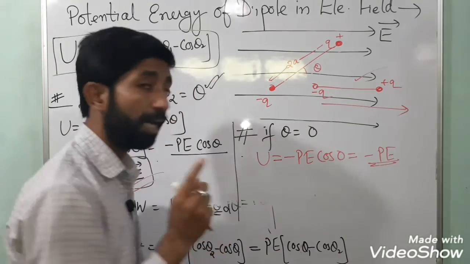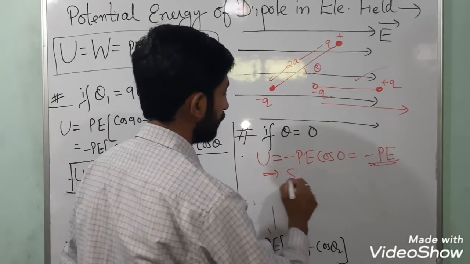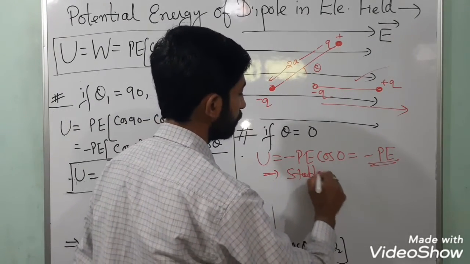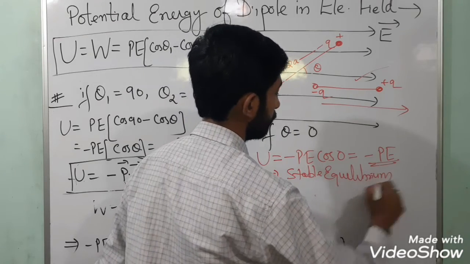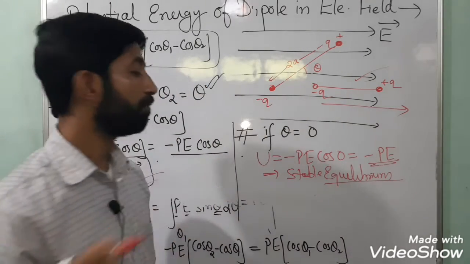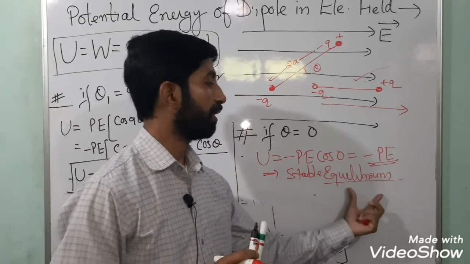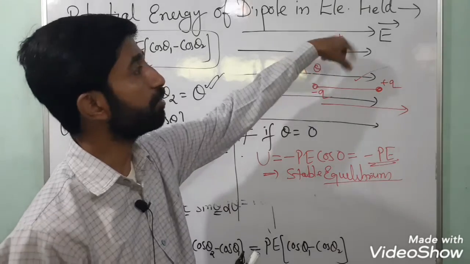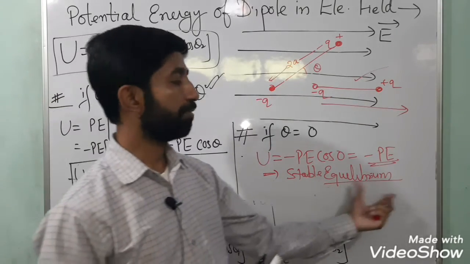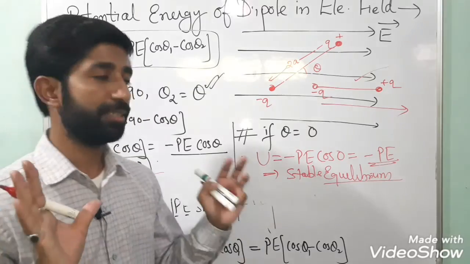They are in the most stable state. So this refers to a stable equilibrium. What do you mean by stable equilibrium? The system will remain stable. And equilibrium means net force on the dipole will be 0, because we have already chosen the electric field to be uniform. So net force on the dipole will be 0, as discussed in the previous cases.